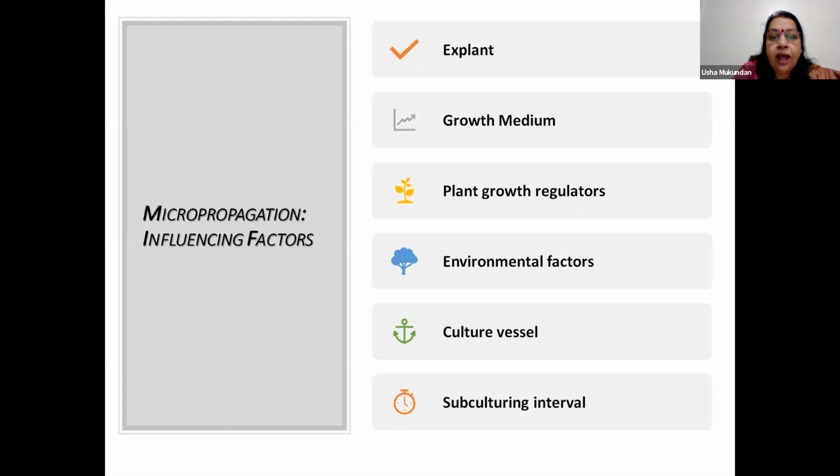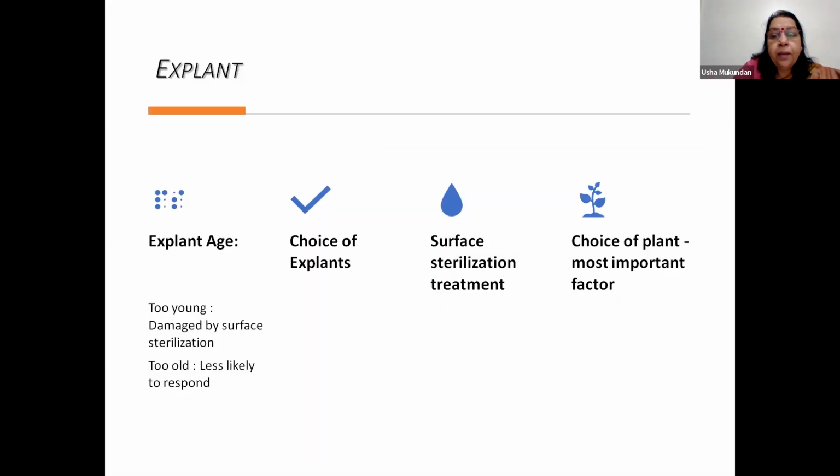And your type of culture vessel, and depending upon the subculturing interval and depending on the number of subcultures, you can get mass propagation of plants. So I'm going to stop here, because next we will be looking at each of these factors, how they affect and how you can control them so that you can optimize the entire process.